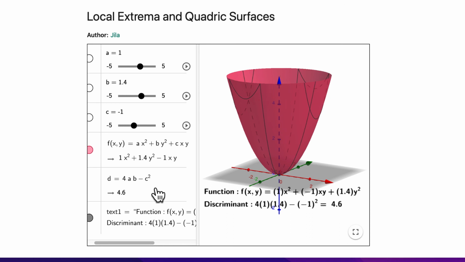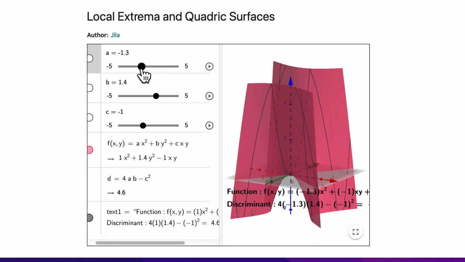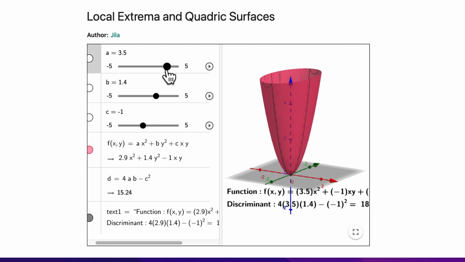Here I'm changing a little bit, and you can tell that D, the discriminant that we set up in our notes, is positive, and a is positive, so you get an elliptical paraboloid looking upward.